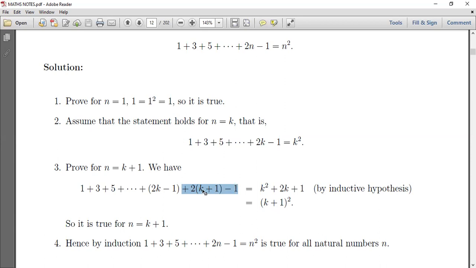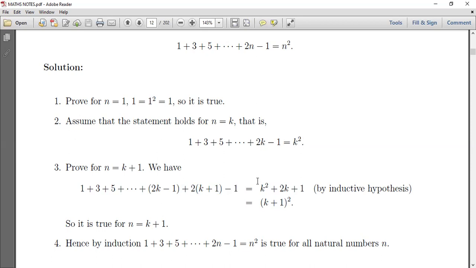So if I add this term which I've just highlighted from above, where there is k squared, and I'm able to get my formula, which is k plus 1 squared, then the proof is done. So I'm going to add this (k plus 1)th term where there is k squared.